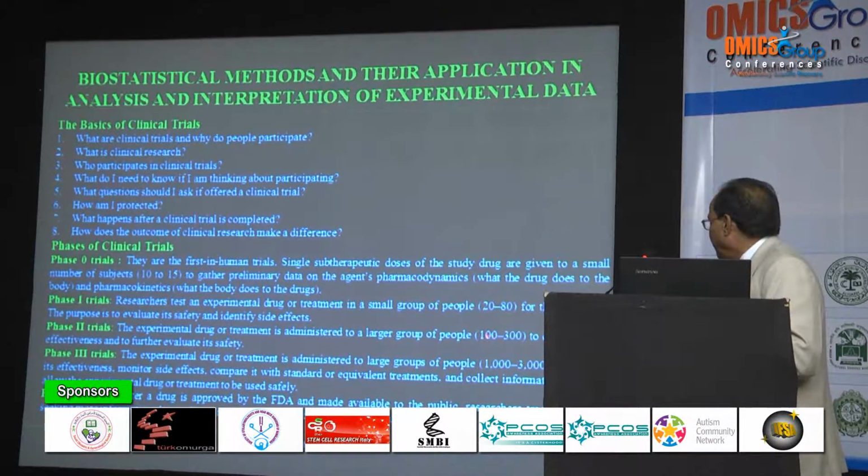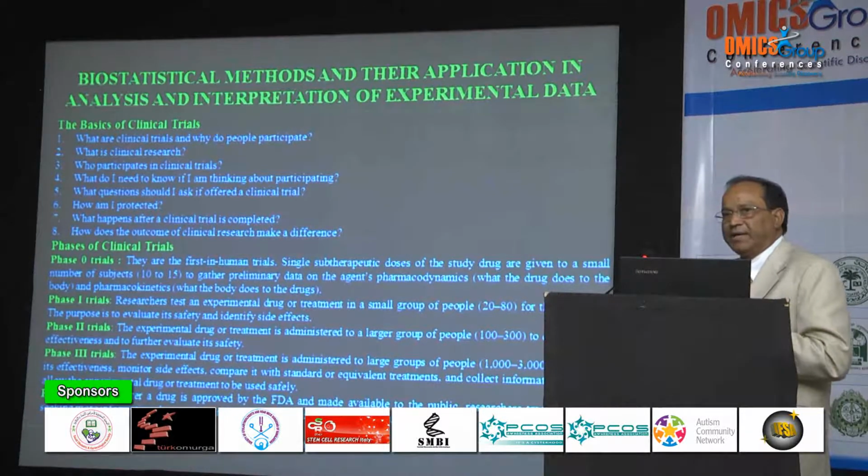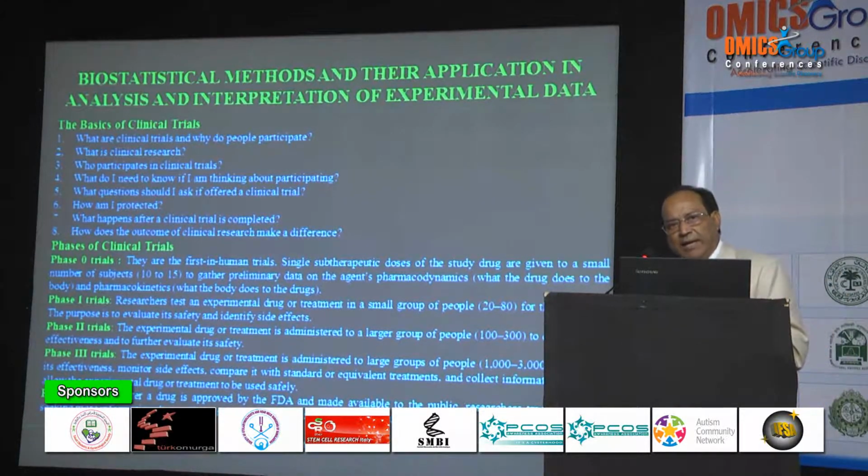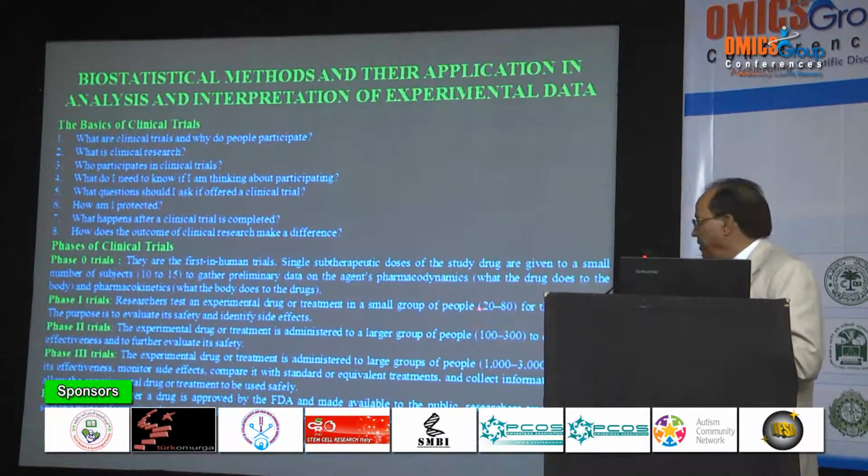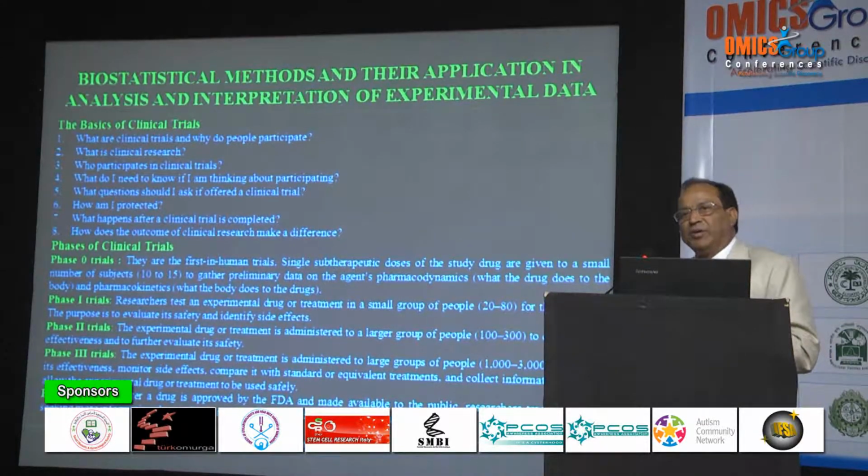Second trial, 100 to 300. Third trial, 1000 to 3000. Later on, we have to go for FDA. But unfortunately, my colleagues, my friends, they are coming only to this part of the clinical trials. They are not proceeding to this phase, so I am not going to discuss more about this part.